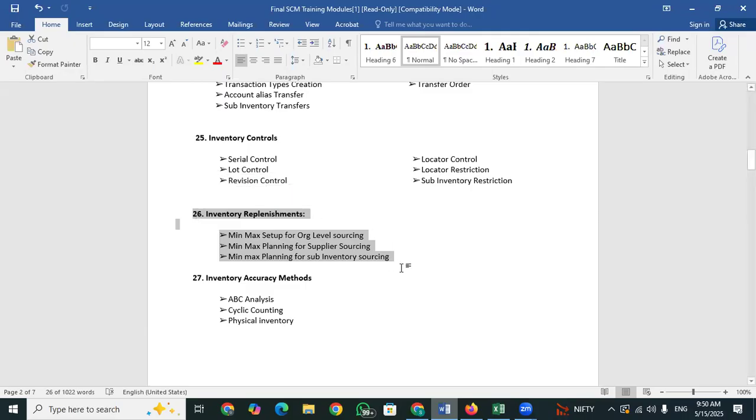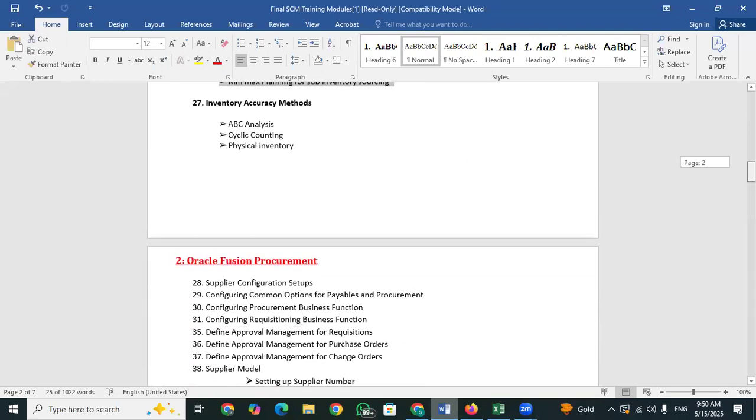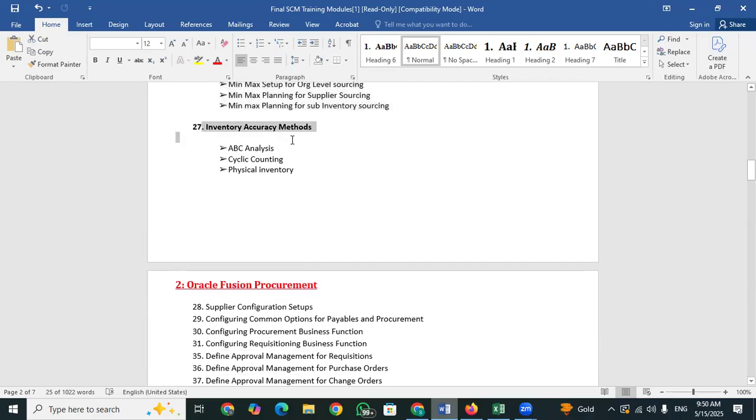In the system, a business also has lakhs and thousands of items, and they are unable to track how much on-hand quantity there is. So planning gives the business the best method, so that it never runs short of on-hand quantity at any time. After that, inventory accuracy methods.